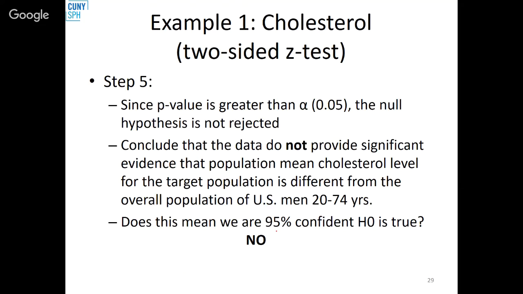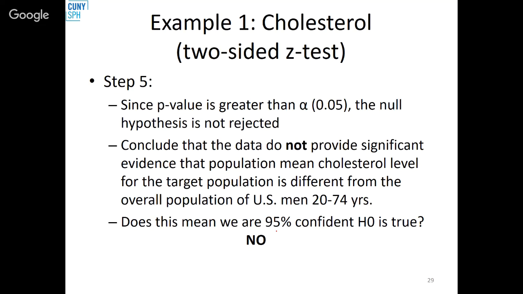So it tells us that we could observe the cholesterol level that we observed, and it is consistent with the null hypothesis. We would only make a false rejection 5% of the time. But it's not related to the confidence in H0 being true.